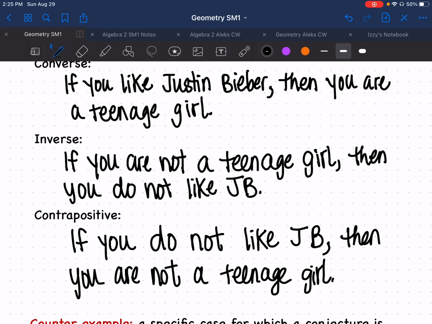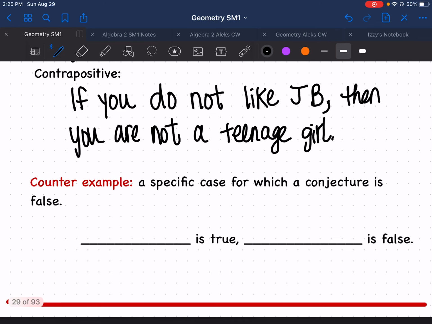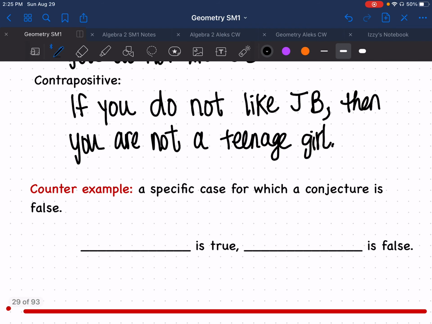There we go. All right, the very last thing is a counterexample. A counterexample is a specific case for which my conjecture is false. A specific case for which my conjecture is false.